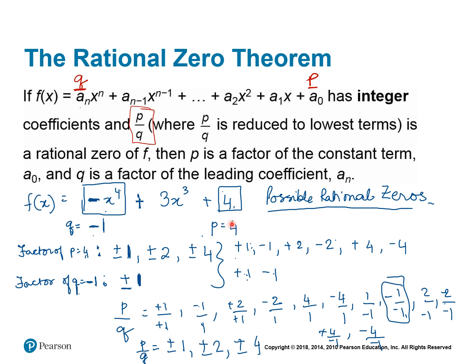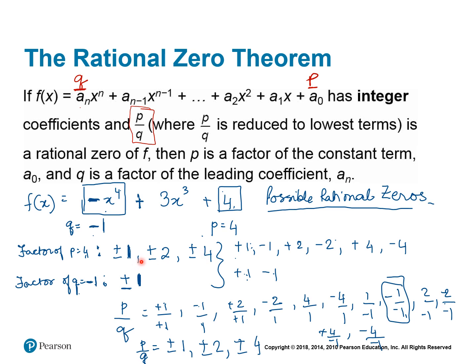Now once we have the values for P and Q, we have to take each of these values and factor them out. We have to write it in all the different factors of those values. So the factors of 4 are plus and minus 1, plus minus 2, and plus minus 4.